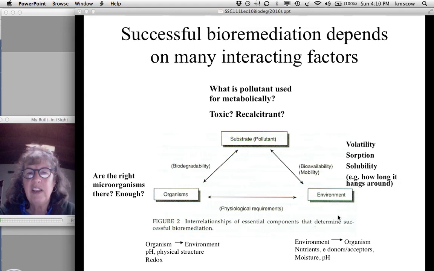You don't just take an organism and a pollutant, put it in a flask and study it and think that that in any way is going to represent what's going to happen in the environment. And believe me, a lot of people get money for studying. There isn't much money for biodegradation these days. I hope that changes and it comes back.